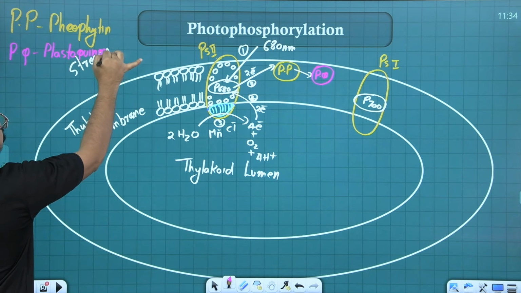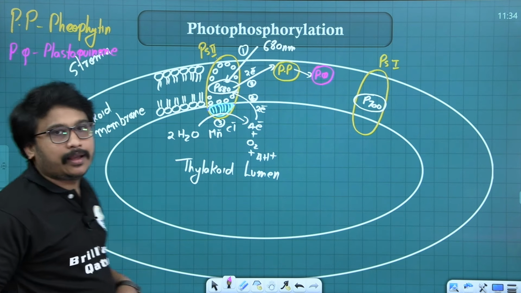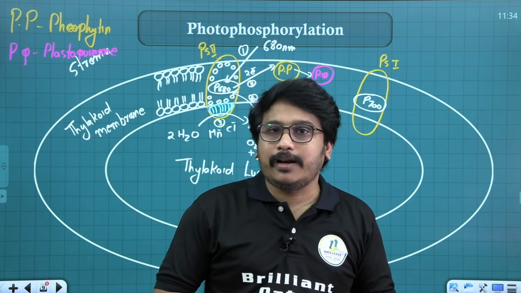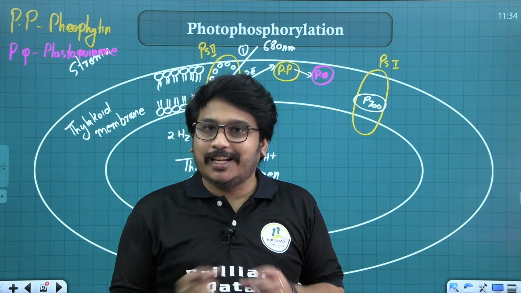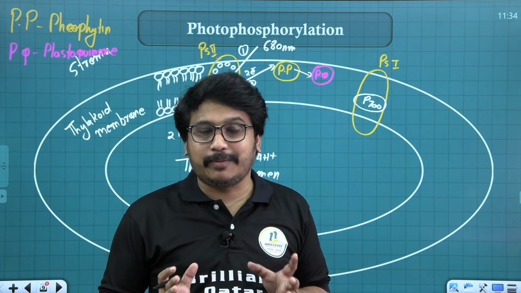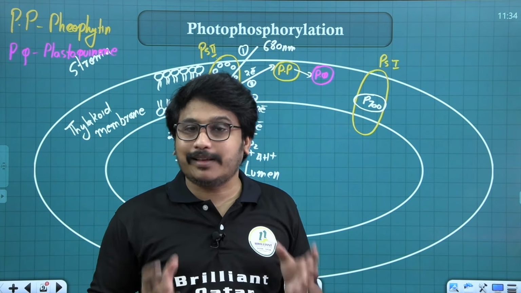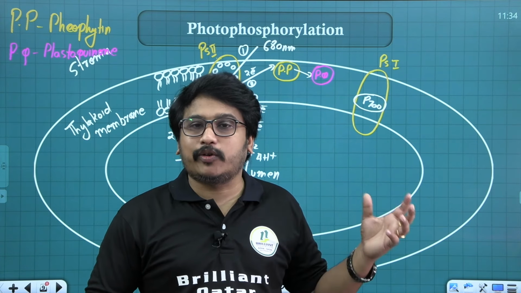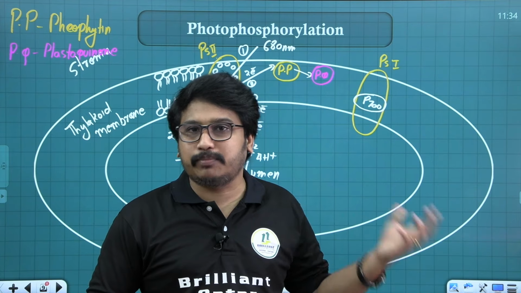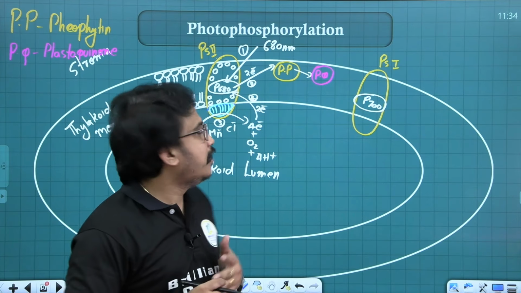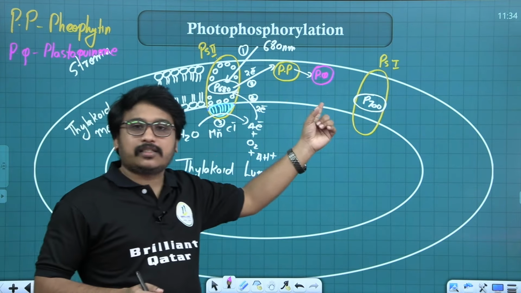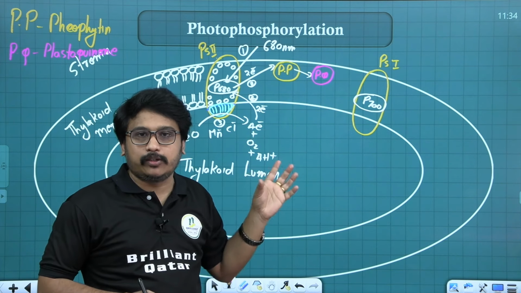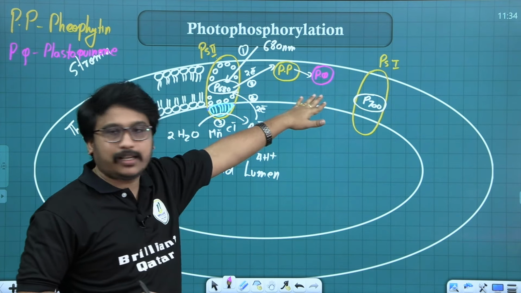plastoquinone. Plastoquinone is not only an electron carrier but also an H+ carrier. That is a line given in NCERT. Most students get confused with that. The line is like this: the primary electron acceptor passes its electron not to an electron carrier but to an H+ carrier. So understand, this plastoquinone was asked in the NEET exam previously. When you go through previous year questions, you will find questions from this area.